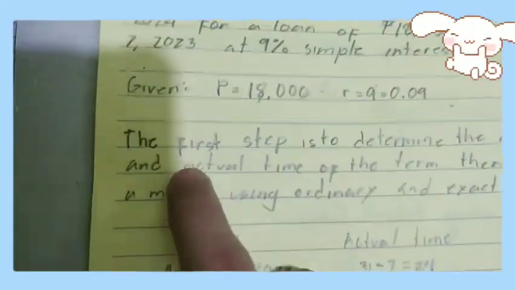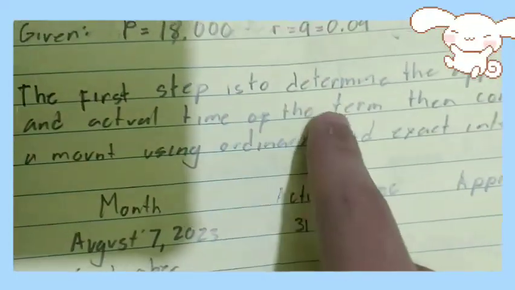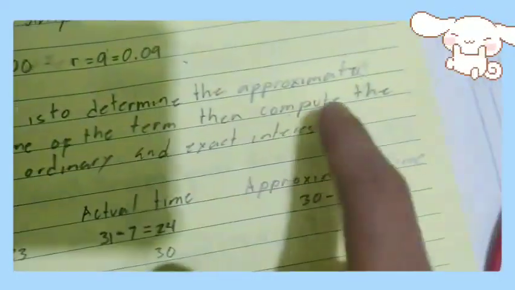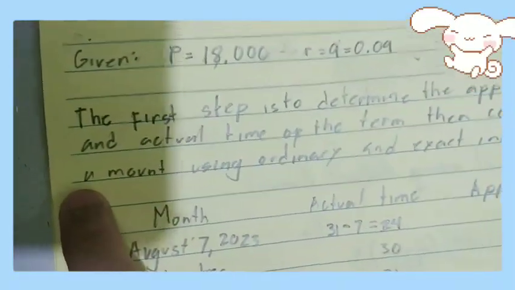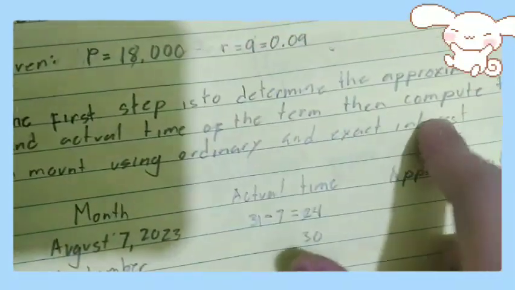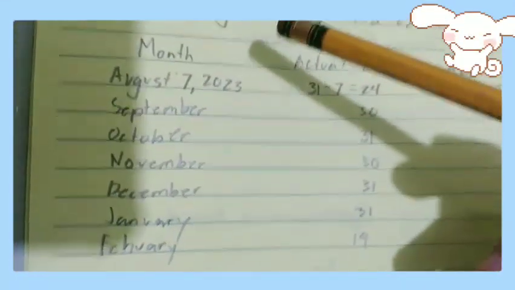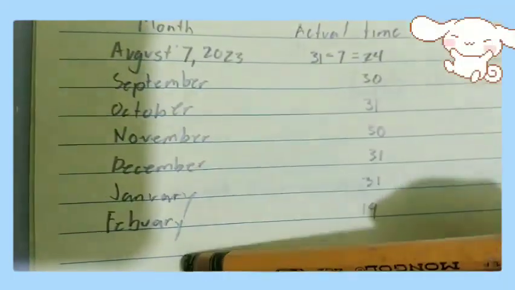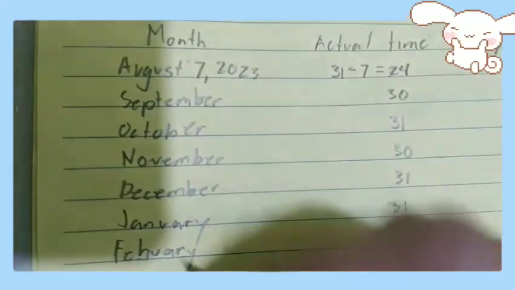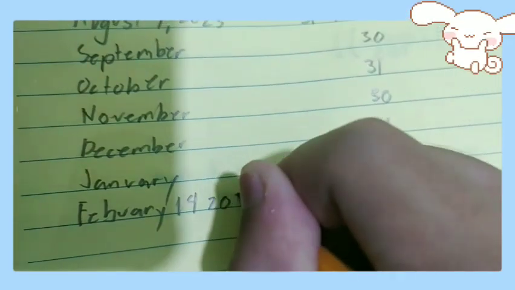The first step is to determine the approximate and actual time of the term. Then compute the amount using ordinary and exact interest. So as we can see here are the months: August to February 14, 2024.